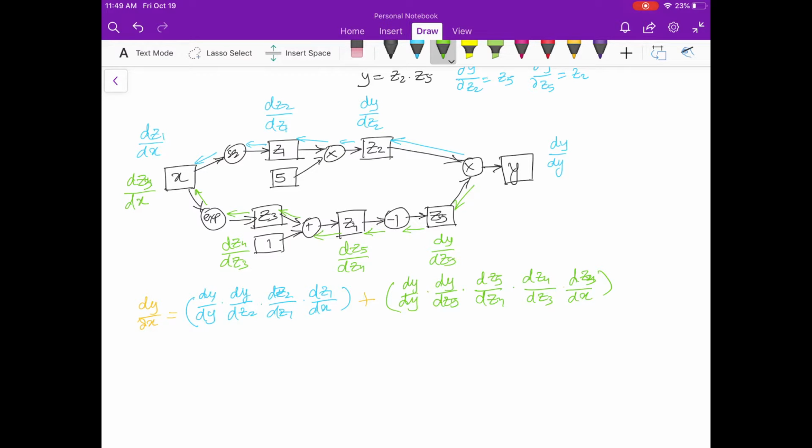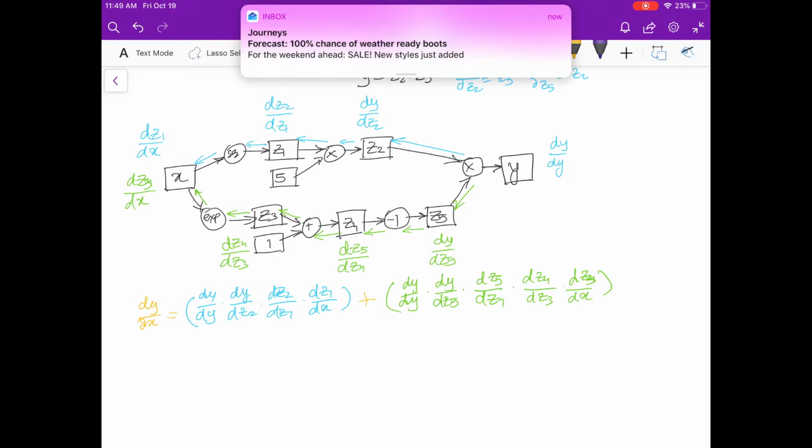So you can see that using the back propagation, applying the chain rule and the product rule together becomes a lot more simpler. We just add up all the accumulated gradients.